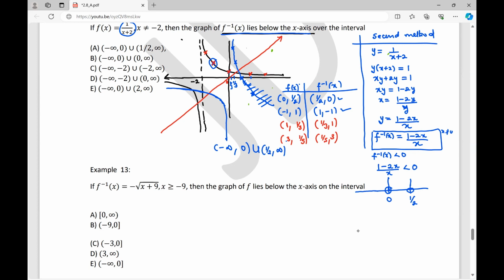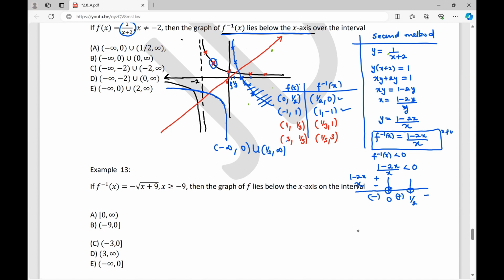Then you can test, if this is 1 minus 2x and this is x, right? Take any number between minus infinity and 0, for example, you take minus 1. 1 minus 2x will give you positive, this will give you negative. So eventually you have negative here. And this is definitely going to be positive.